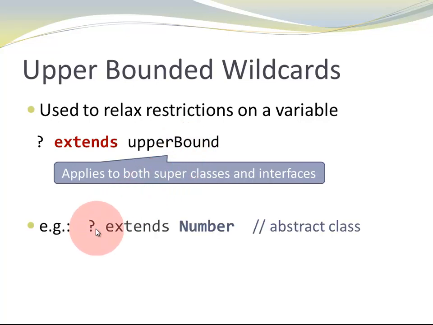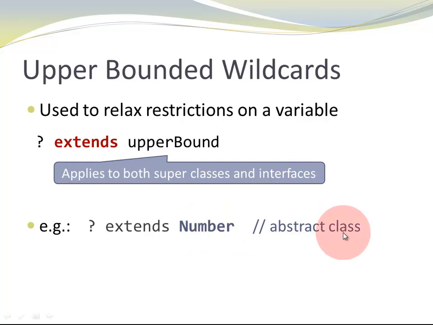Let's look at an example. Here we have an unknown type that extends Number. This unknown type could be Number, it could be BigInteger, it could be Float or Long, etc. Any type that derives from Number or Number itself.